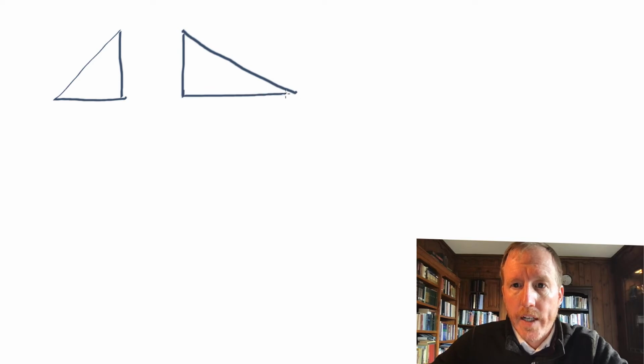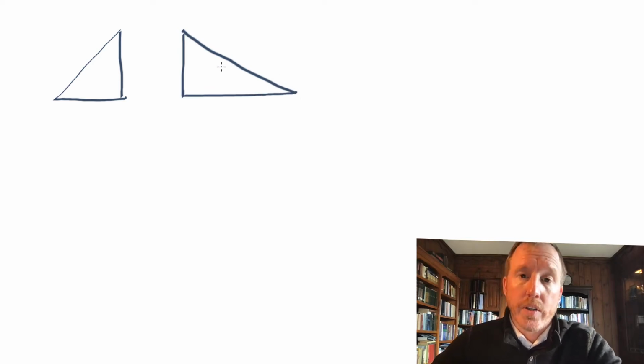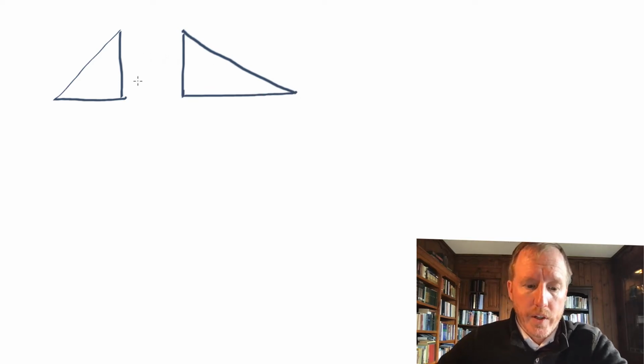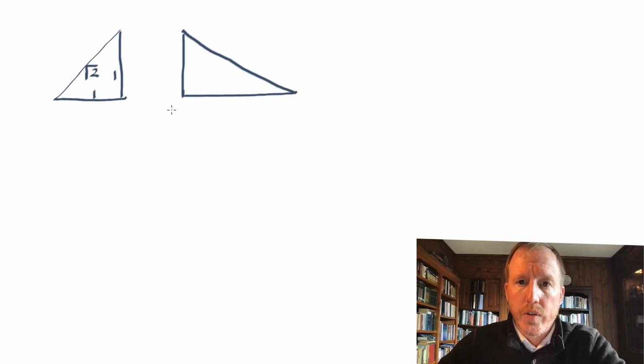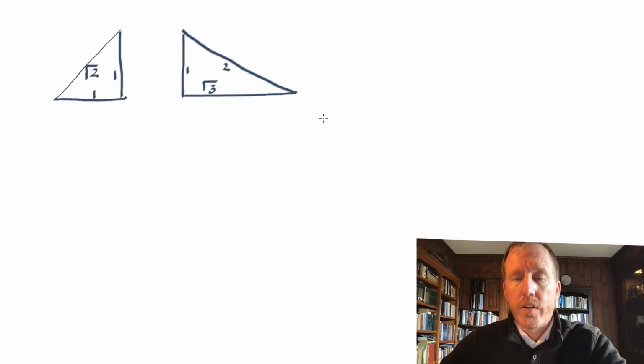The one on the left is a steeper ramp than the one on the right. And let's suppose that these ramps are just the right angle so that the ratio of the sides of the ramp on the left are 1 to 1 to root 2. So you might see that as a 45, 45, 90 triangle. And the ramp on the right is 1 to root 3. Okay, so that is a 30, 60, 90 triangle.